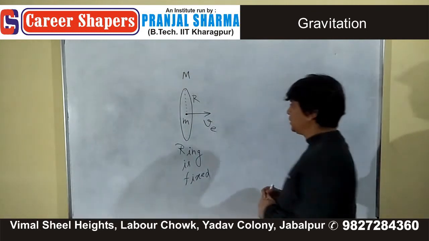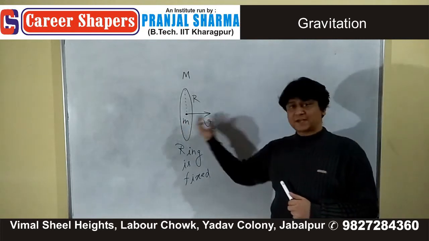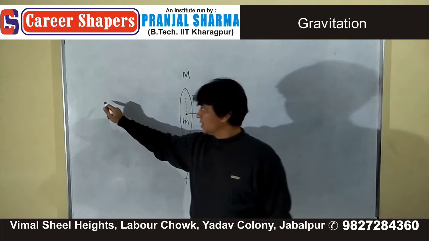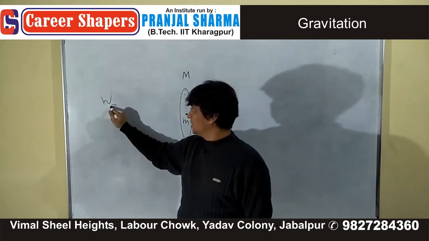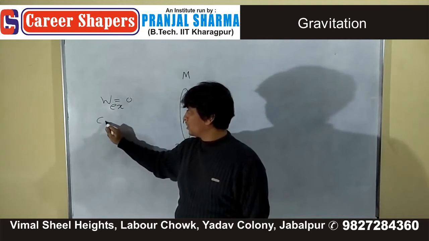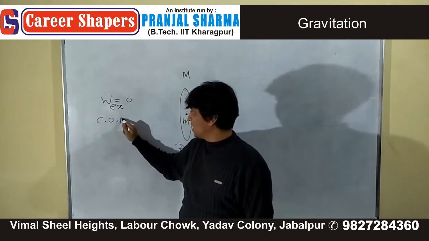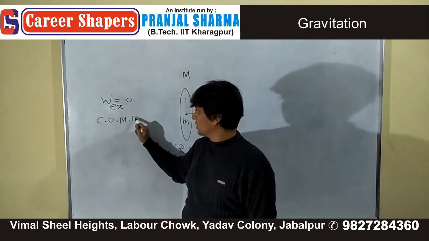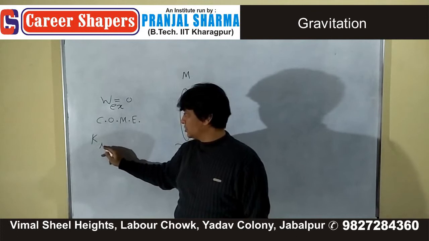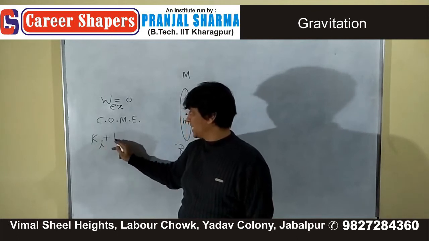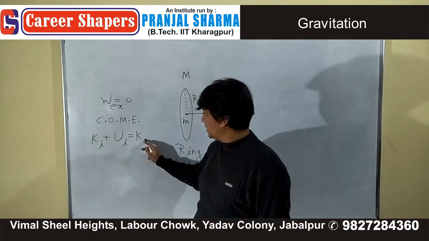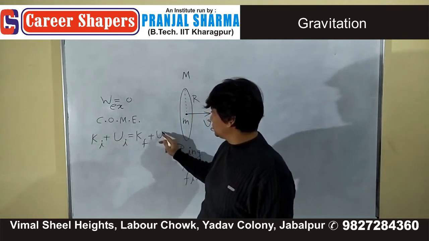Now, the moment you say you have projected something, once it is out of your hand, W external is 0, and therefore you will use COME. What is COME? Kinetic energy initial plus potential energy initial equals kinetic energy final plus potential energy final.